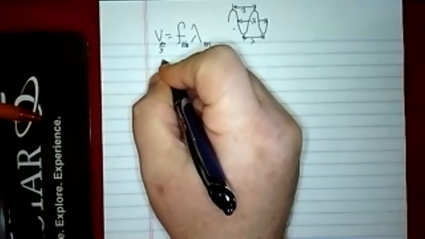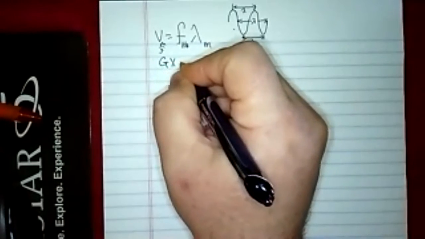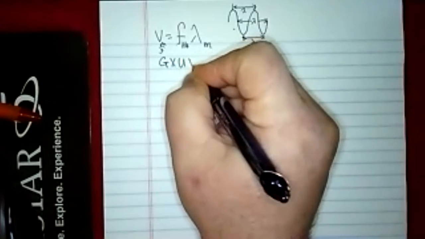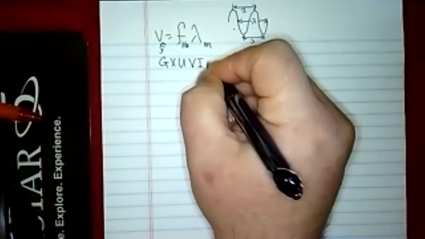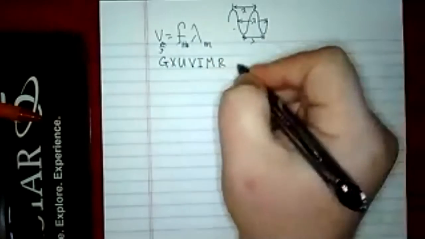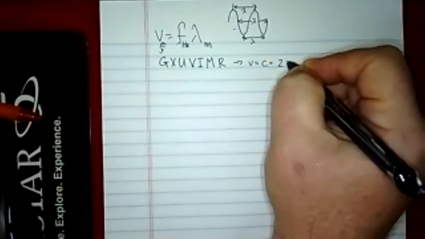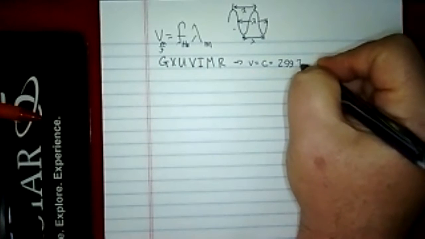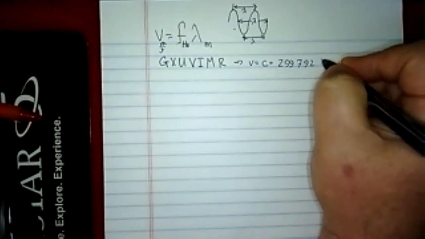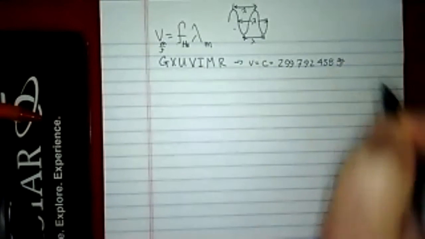Okay, if we happen to be talking about the electromagnetic spectrum, which includes gamma rays, X-rays, ultraviolet, visible, infrared, microwave, and radio waves, they all have the same speed, v equals c, which is 299,792,458 meters per second exactly.